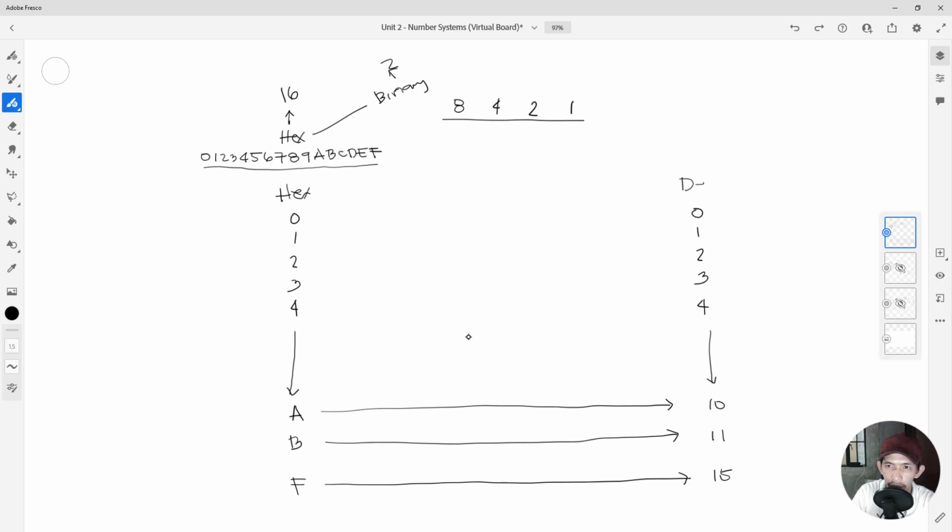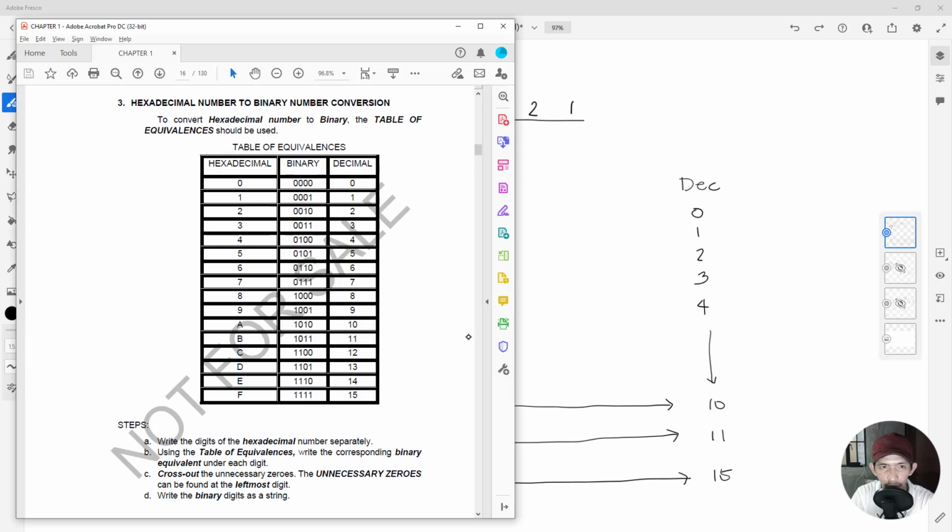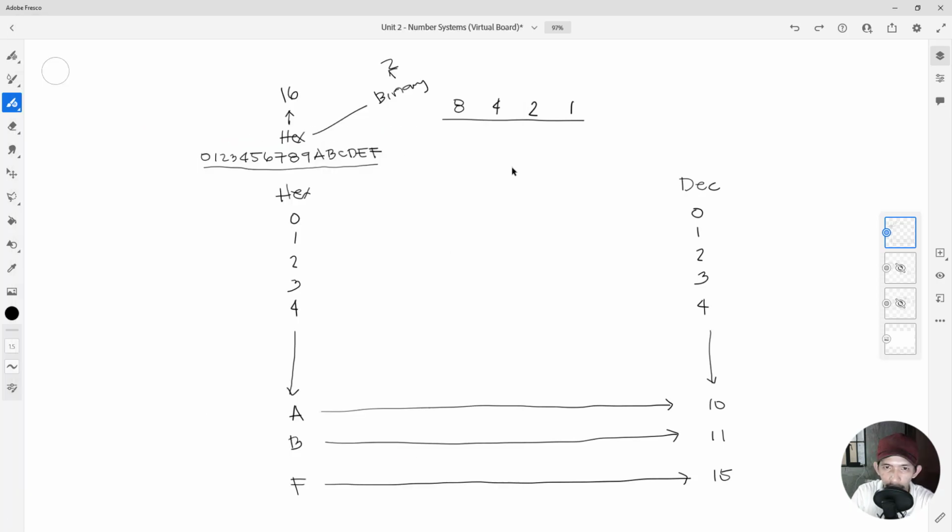So, ang kulang na lang natin ngayon is, we have hexadecimal, we have decimal. Etong tinuturo natin is yung table of equivalences pa lang. Kulang natin is binary. Okay, so babalik na tayo dito ngayon sa 1, 2, 4, 8 na yan. Dito tayo mag-take a look sa decimal.